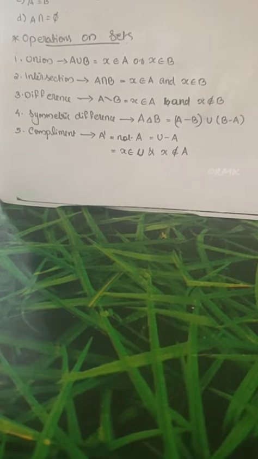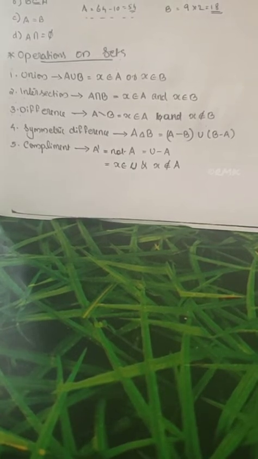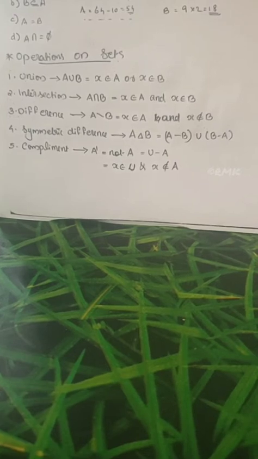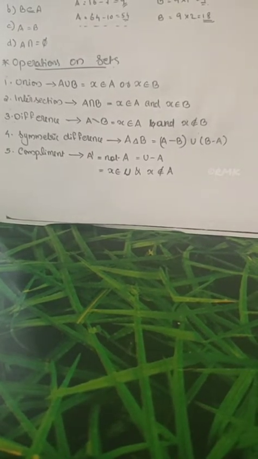First one, union: A union B contains all the elements of A and B, that is x element of A or x element of B. Intersection: A intersection B, x element of A and x element of B. Third one is difference: A minus B, x element of A and x not element of B. Symmetric difference: A delta B, that is A minus B union B minus A, or A difference B union B difference A. Complement: A complement is x element of U and x not element of A.